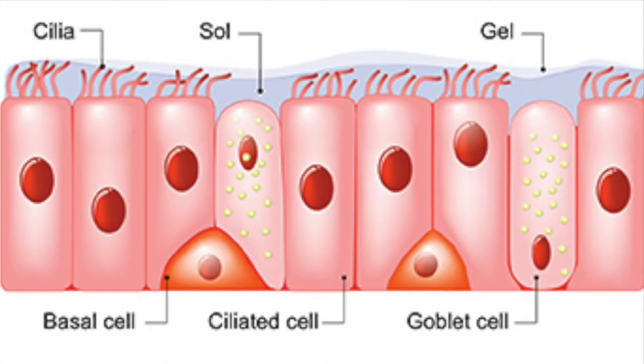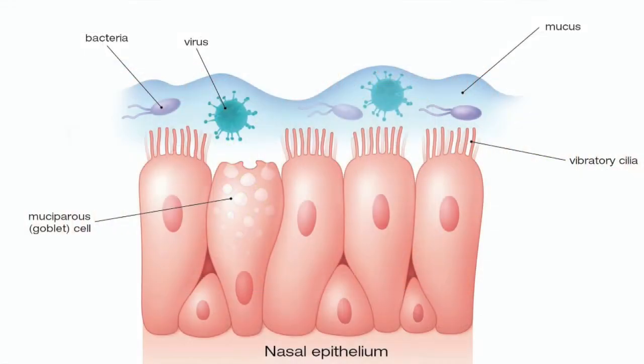Why? Because in between these epithelium cells, you can find another kind of cells, so-called goblet cells, as they have the shape of a wine glass. The main role of these cells is the production of mucus, with the Latin name mucin.